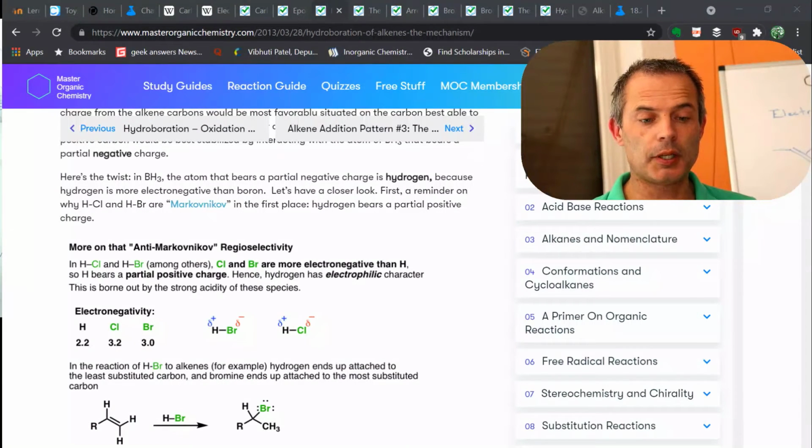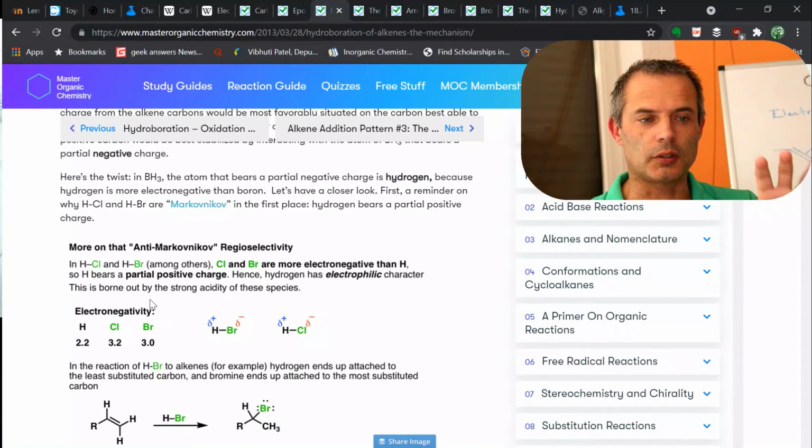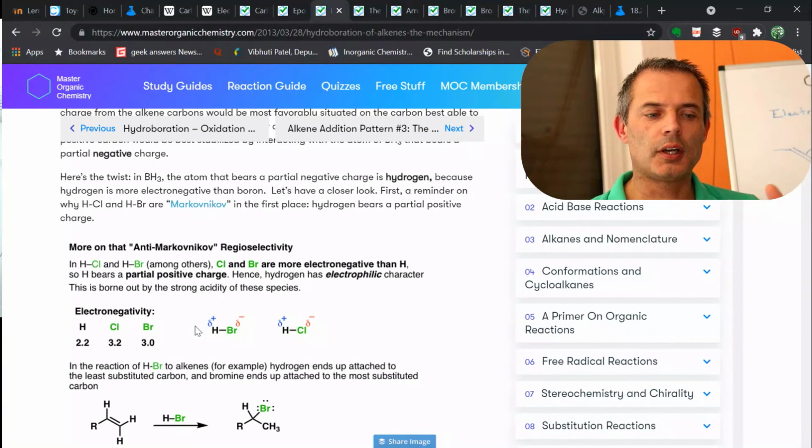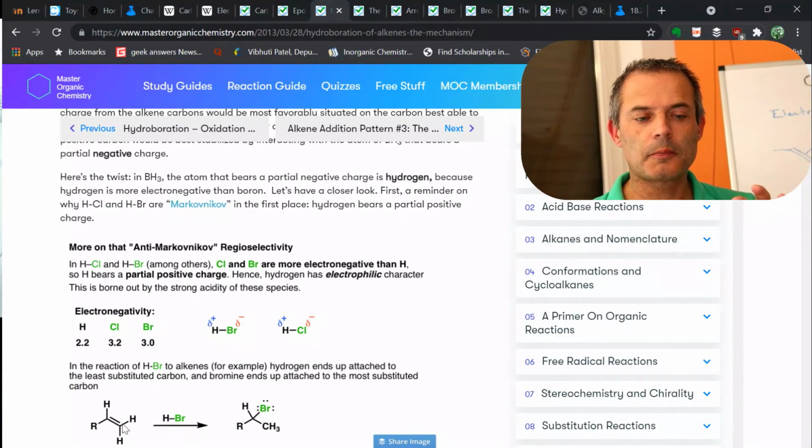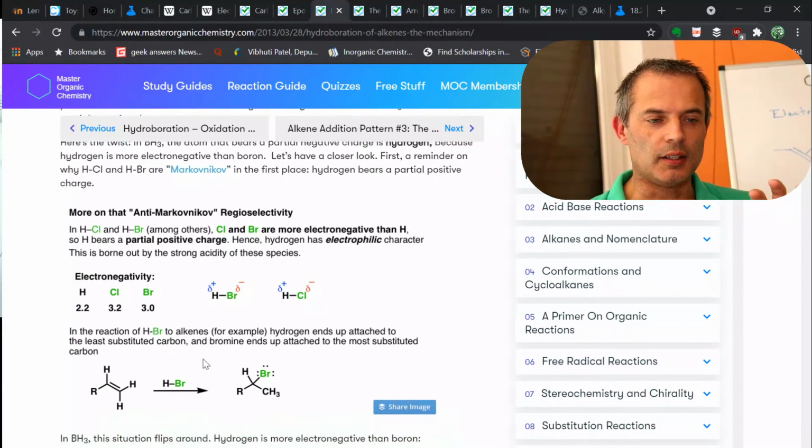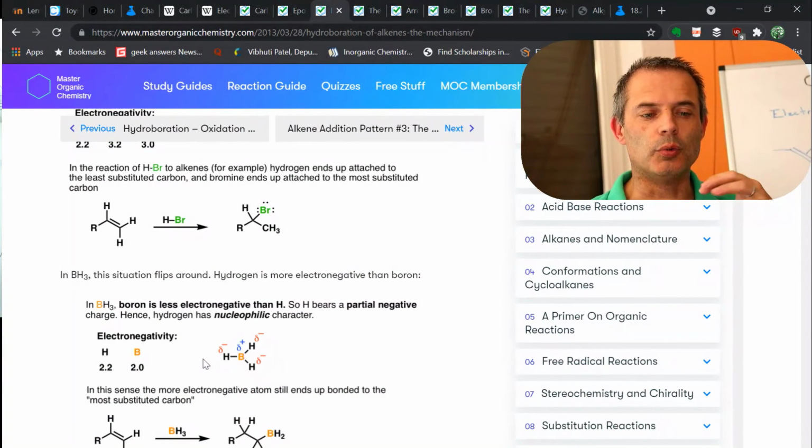Here is their explanation. So their explanation is similar. It's saying in the normal Markovnikov reactions, the hydrogen is behaving as the positive species, and the positive species always ends up on the less substituted end. In the boron case, the boron is slightly positive compared to the hydrogen. It's one of the interesting reagents that behaves as a hydride, as an H- donor.